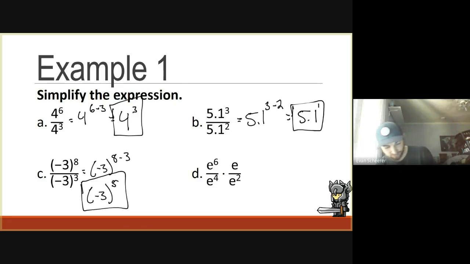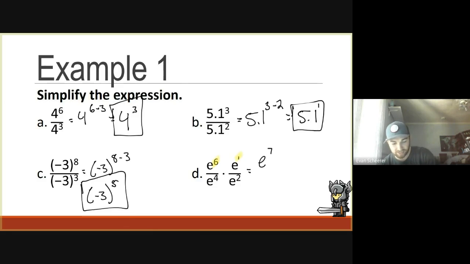And then this last one, whoa. Interesting, right? So let's just do this separate. This one's going to be a little bit more different, right? Let's do the numerator first. This 6 and the 1, that's the same as e to the 7th power.